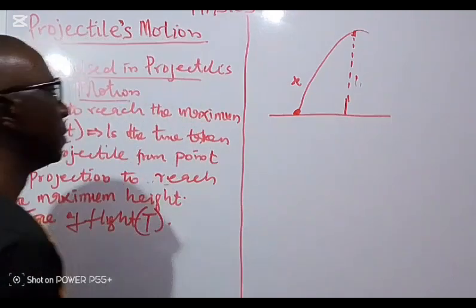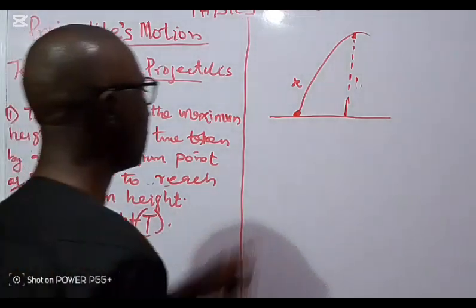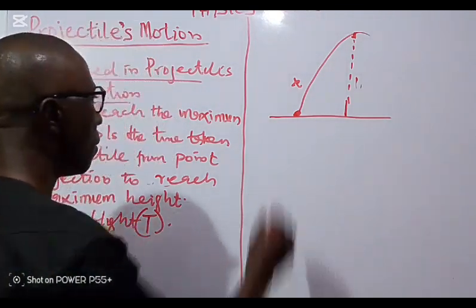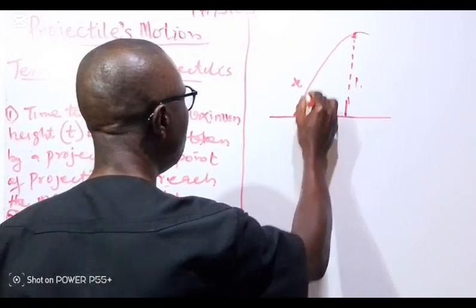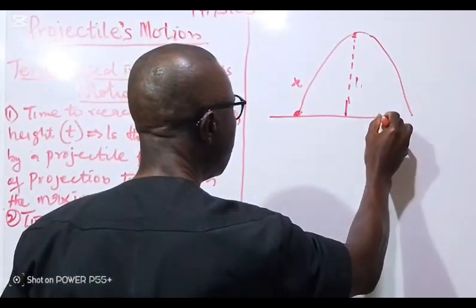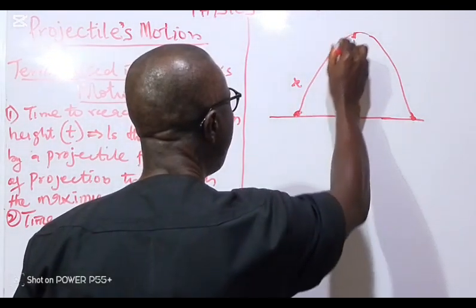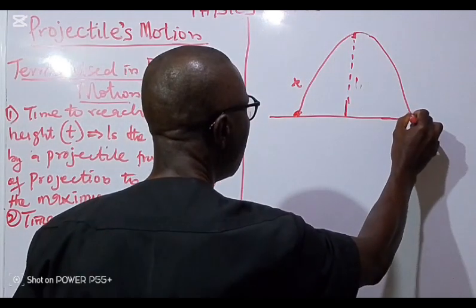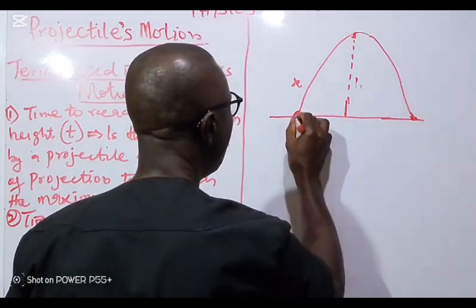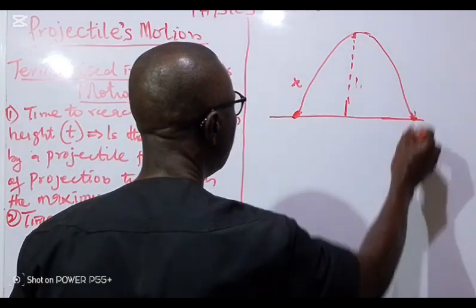That is, the total time taken by the projectile from point of projection to where it returns to the projection plane again. So the time taken to cover to this plane is what is meant by time of flight.